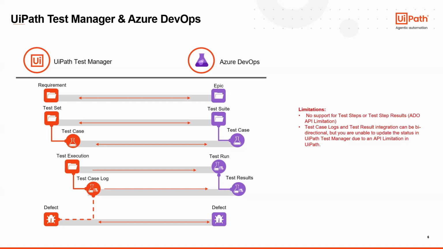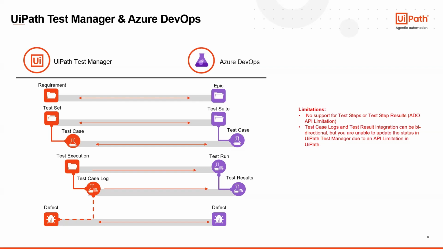Let's understand the test case log integration. There are certain limitations to implementing it. The test case log integration can never be bidirectional, because in UiPath Test Manager, if a test case is marked as passed, that will never get changed.